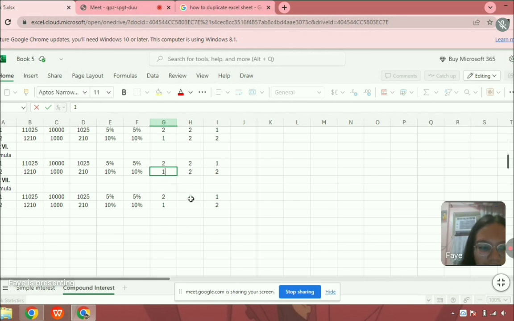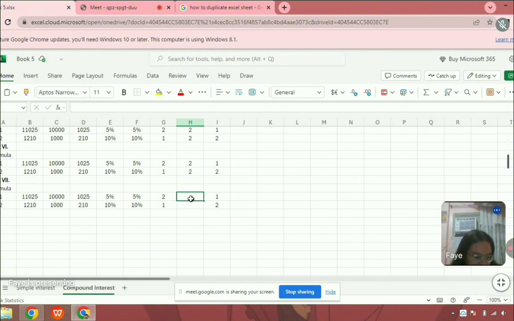Now let's move on to the last part using the formula for n. N is just the log of 1 plus our j. Our j is 5%, over the quantity 11,025 over 10,000, which is 2.